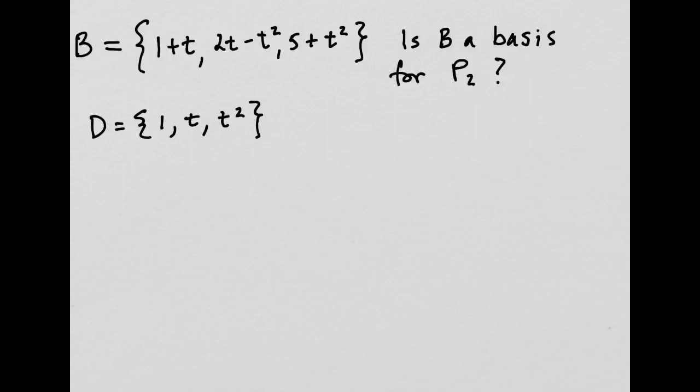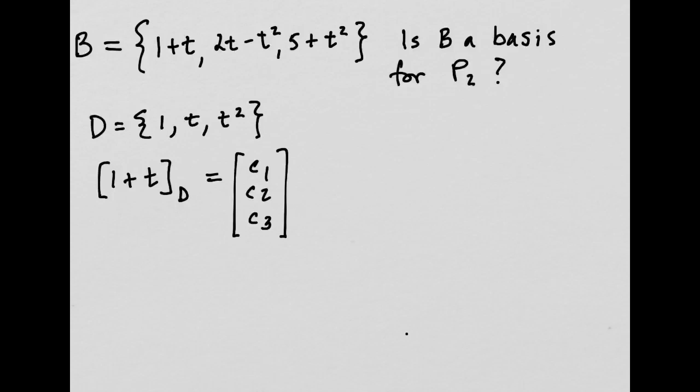So for example, let's take something simple like 1 plus t, this first vector in B. If I want to write down the coordinate vector of that polynomial, which remember is a vector in this vector space P2, relative to the basis D, well, let's say that's C1, C2, C3.